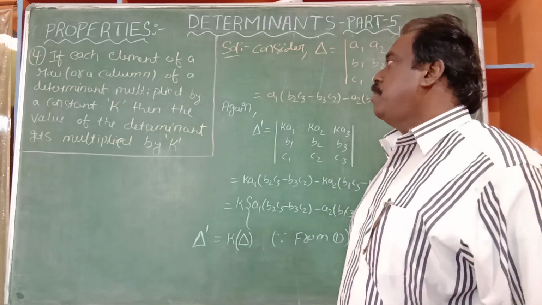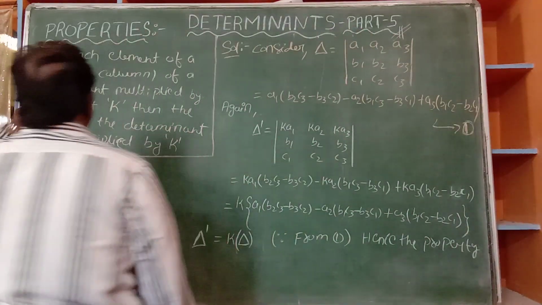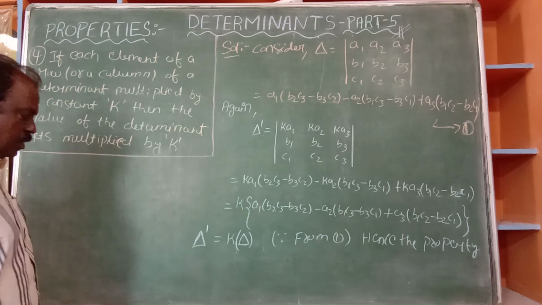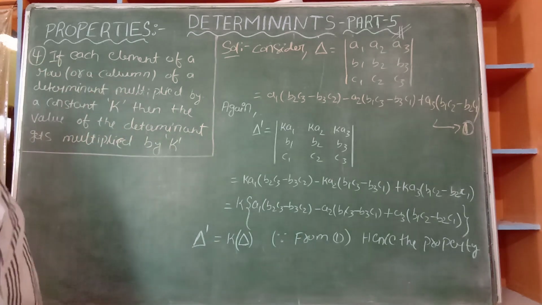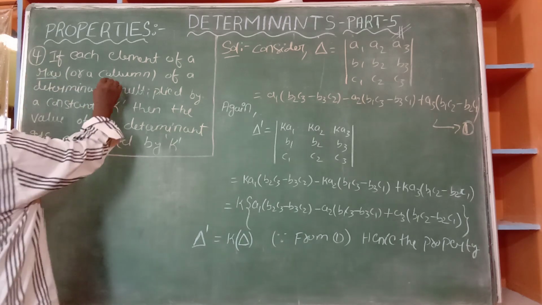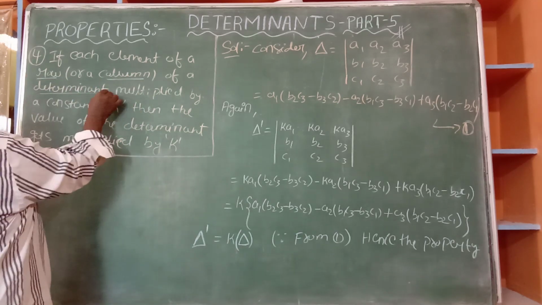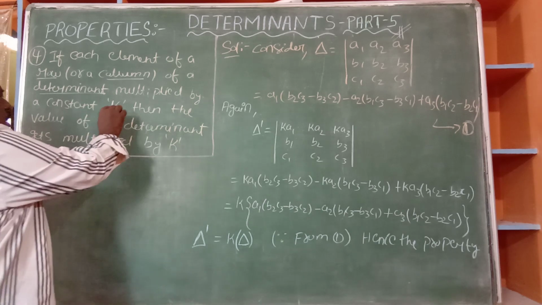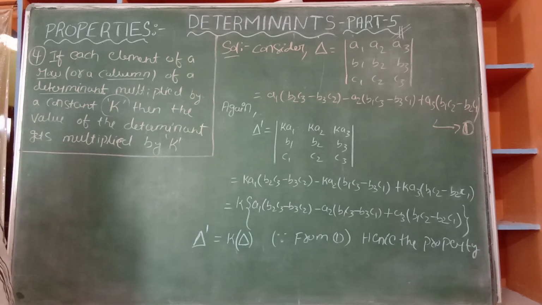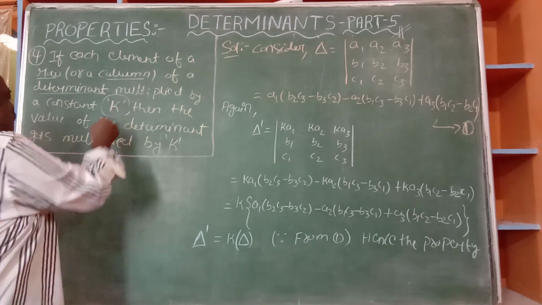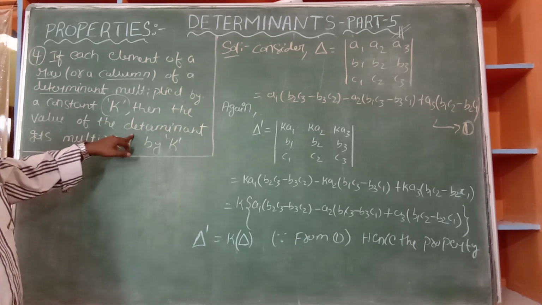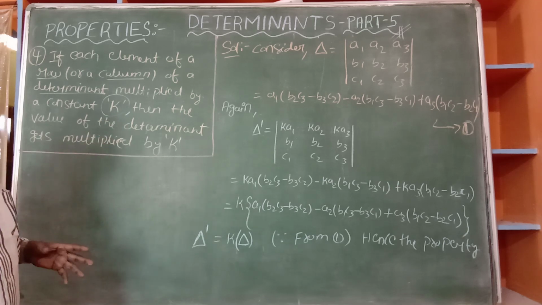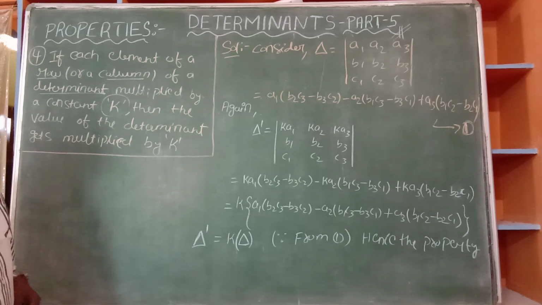The fourth property is: if each element of a row or a column of a determinant, any one of the given determinant, is multiplied by a constant k, then the value of that determinant gets multiplied by k, means it is increased k times.